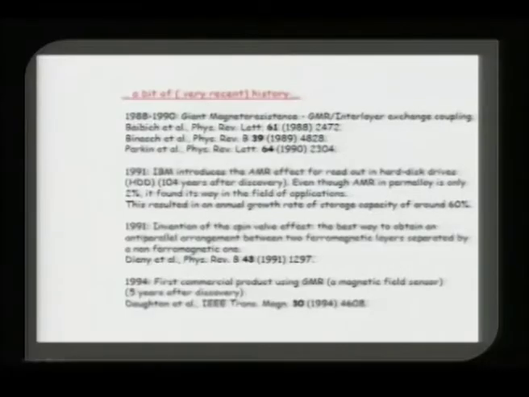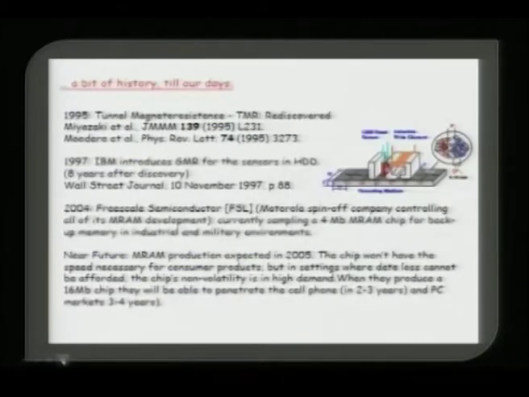And a bit of very recent history: 1988-1990, GMR was reported by both these Nobel laureates, and in 1991 IBM introduced the AMR effect for readout in hard disk drives. In 1991 the spin valve effect was also recognized. In 1994 the first commercial product using GMR, a magnetic field sensor, was brought in, and a bit of history till our days.